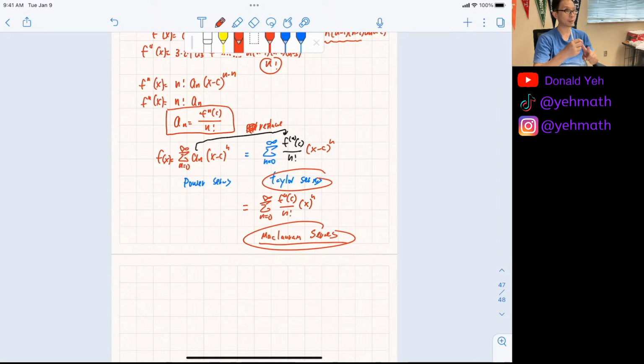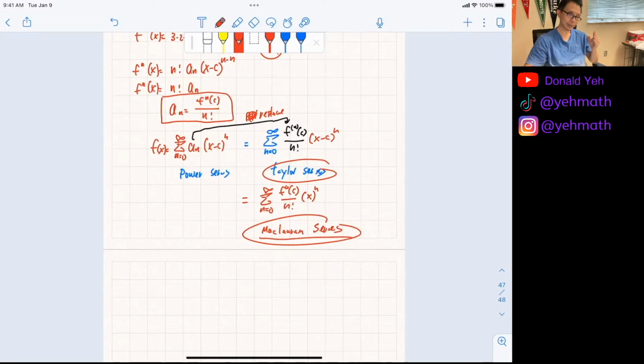The most well-known power series is 1 over 1 minus x, which represents a function, and the second one is natural log of 1 minus x, which is x to the n over n. The Taylor and Maclaurin is the general expression. You have to memorize this because I will ask you that.